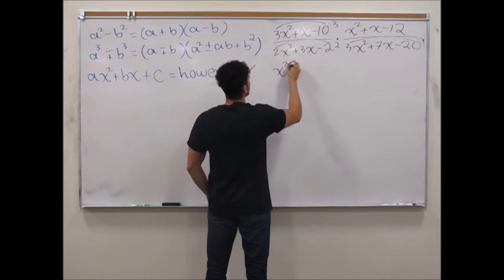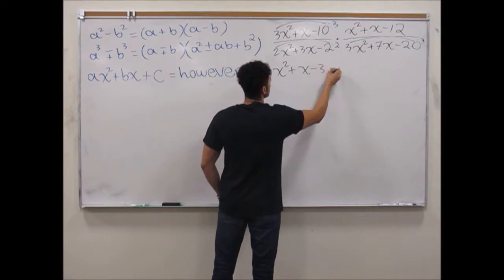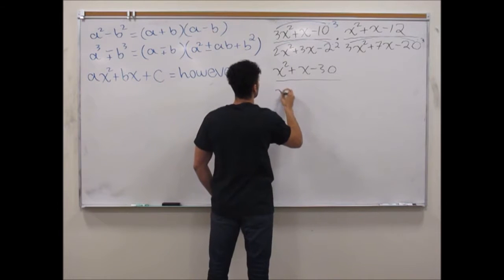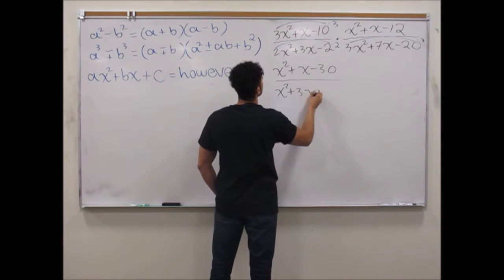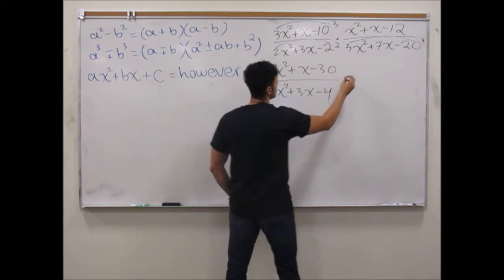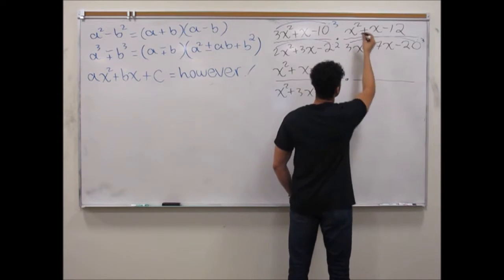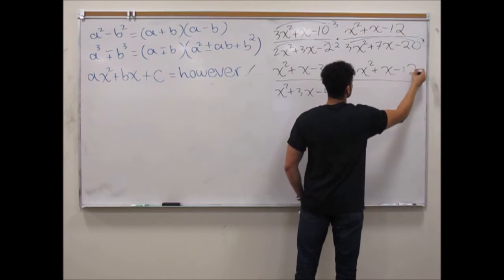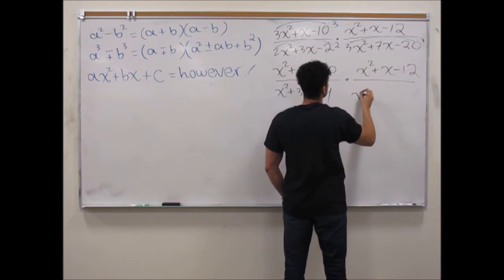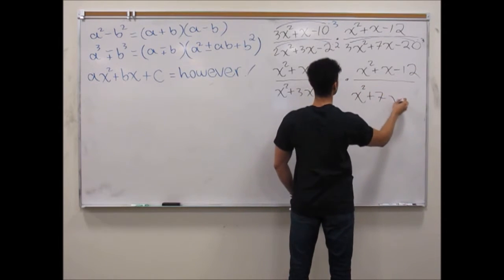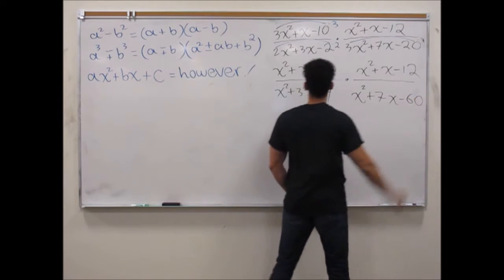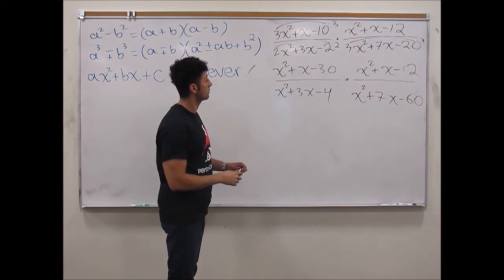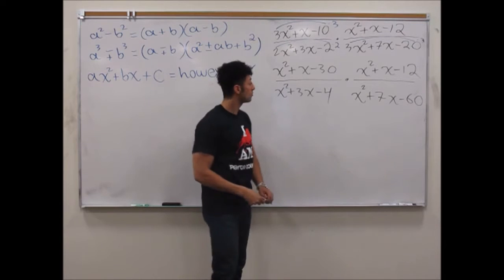We get x squared plus x minus 30 over x squared plus 3x minus 4. This guy's fine. Here we get x squared plus 7x minus 60. So did I do that right? Right. Okay, so now we just factor it like normal.